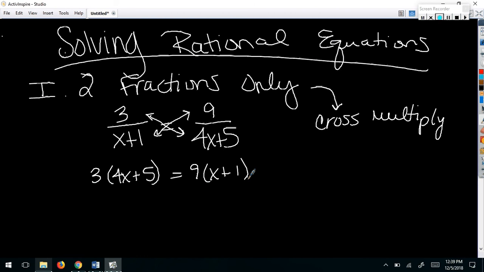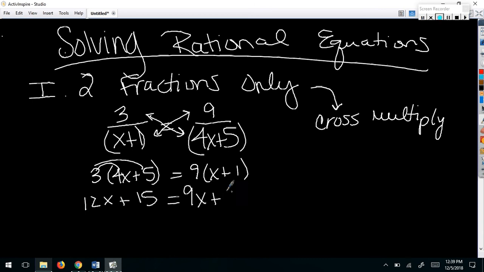Remember, as you cross multiply, it must be distributed if there are multiple parts here. So what I'm going to do is distribute. 12x plus 15 equals, tell me what it equals. If you cannot solve this equation at this point in your math career, what do I do first?